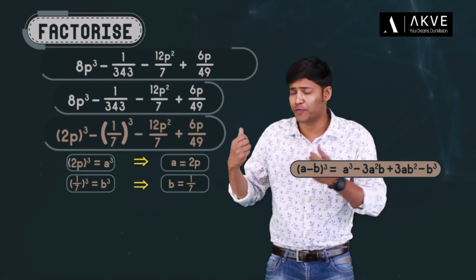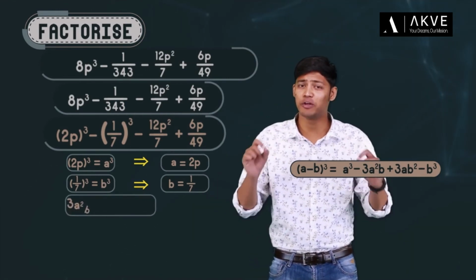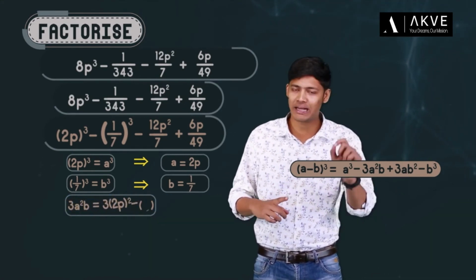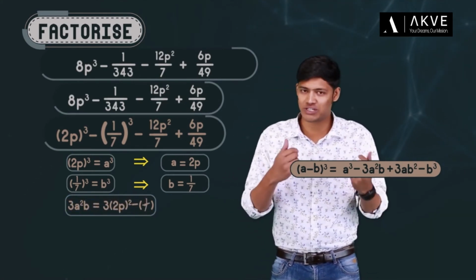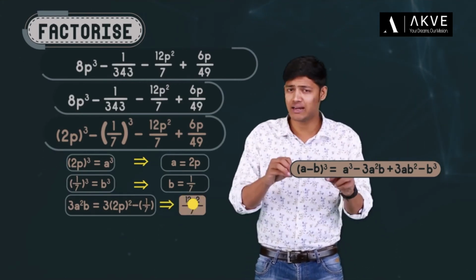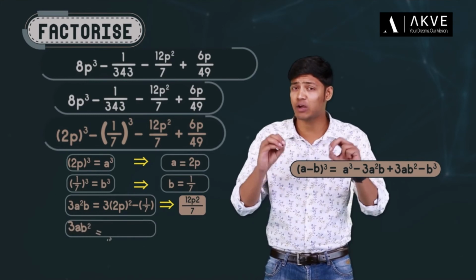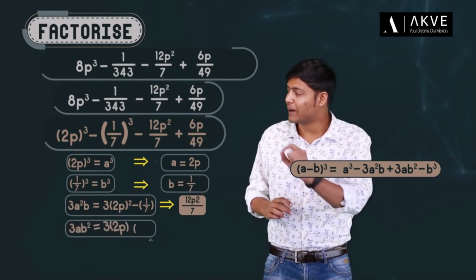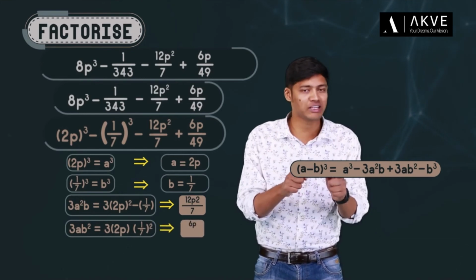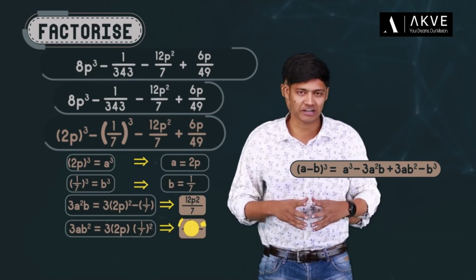From these values of a and b, 3a squared b will be equal to 3 multiplied by 2p whole squared multiplied by 1 by 7, which is nothing but 12p squared by 7. And 3ab squared will be equal to 3 multiplied by 2p multiplied by 1 by 7 whole squared, which is nothing but 6p by 49.